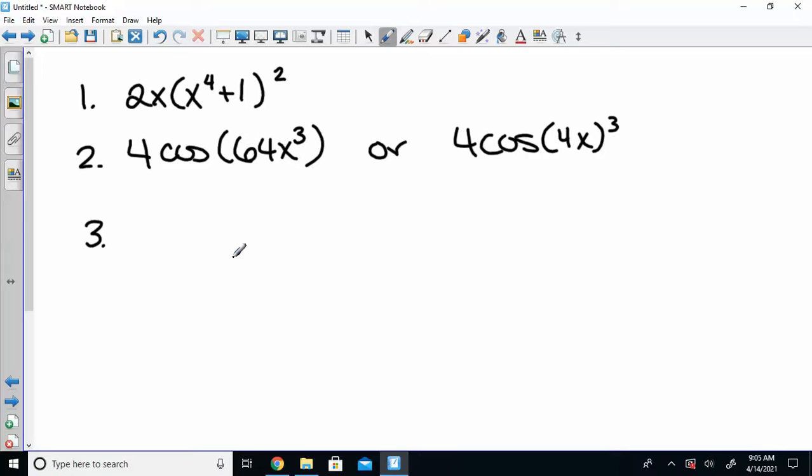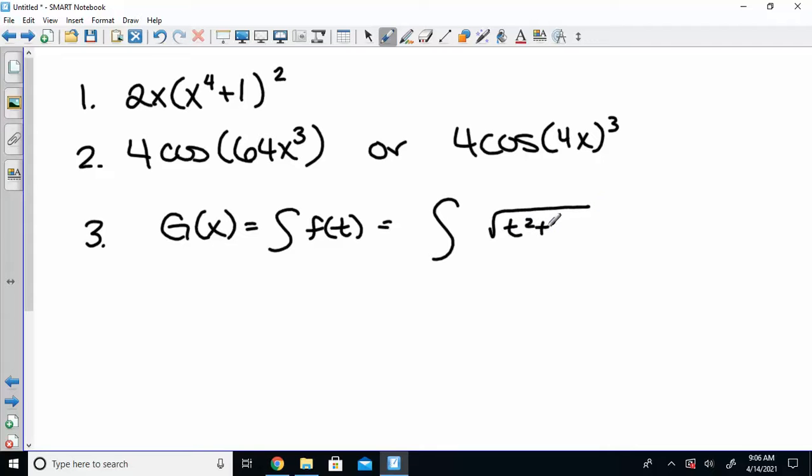So I told you that g of x is the integral of f of t. And in the problem I told you that f of t is the square root of t squared plus 4. Then I ask you to find g prime of x, and we're on the interval 0 to x cubed. So g prime of x, all I'm asking is the derivative of the integral.